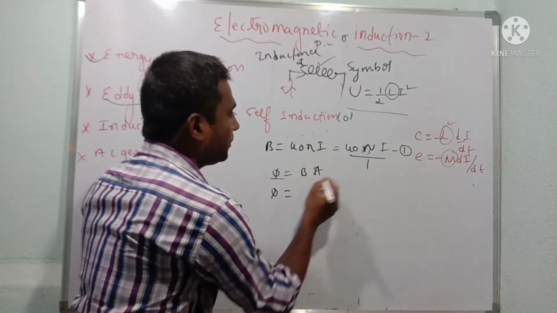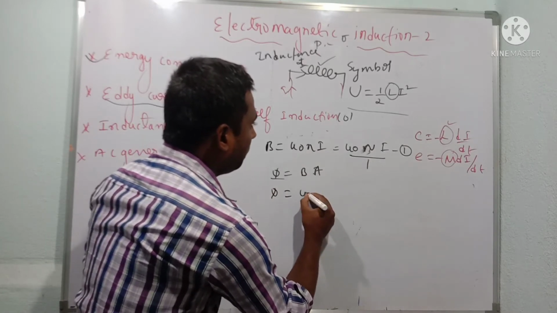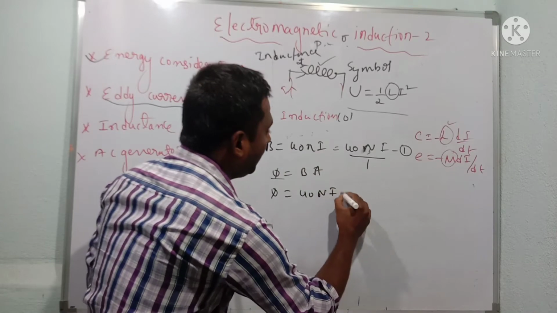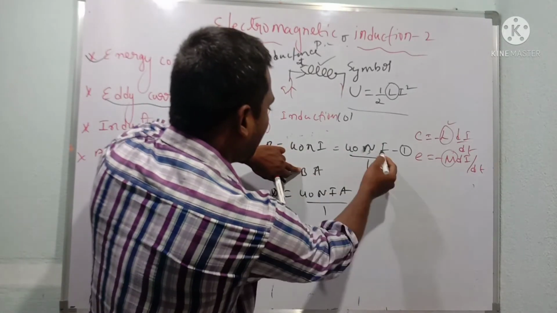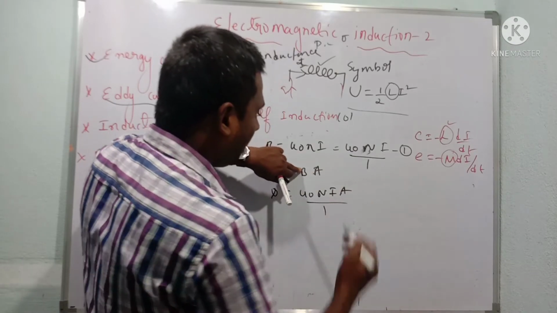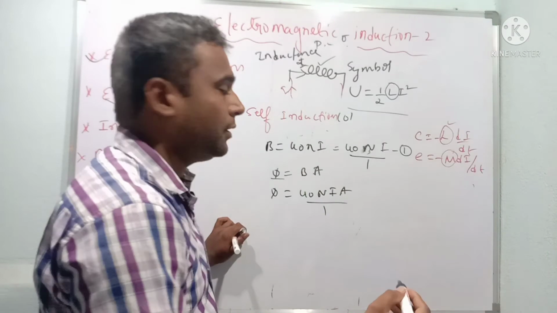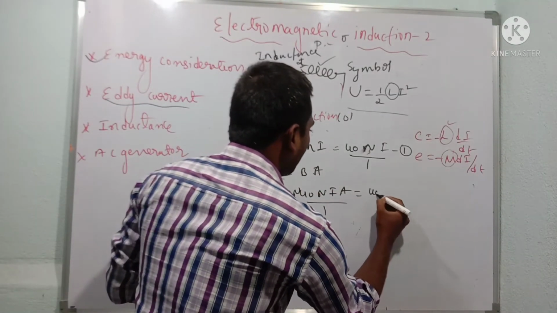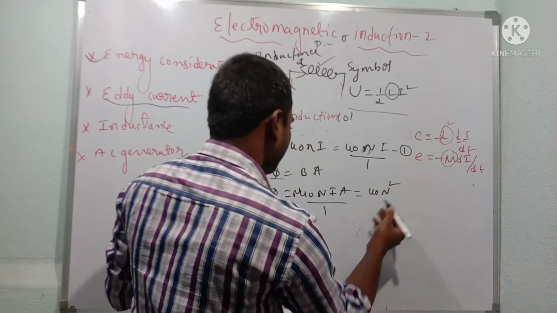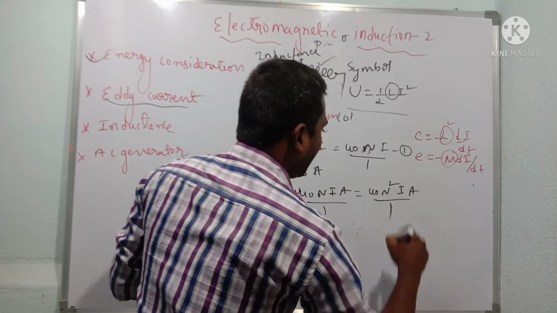Now if I substitute this, B A becomes mu naught N I A divided by L. Please note down, very simple. I substituted the B value, mu naught N I A divided by L. Now if N number of turns are there, it becomes N into N, what, children? Mu naught N square I A divided by L.